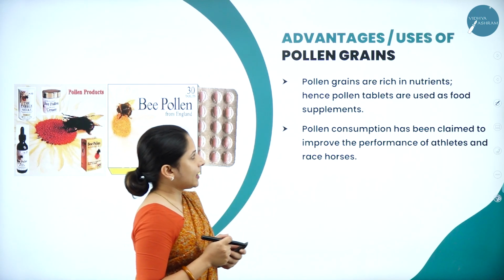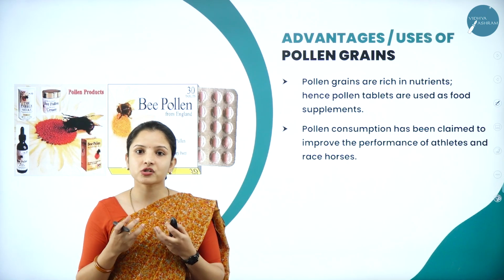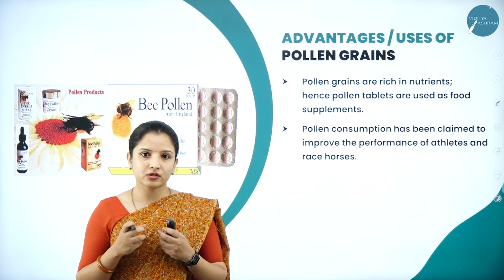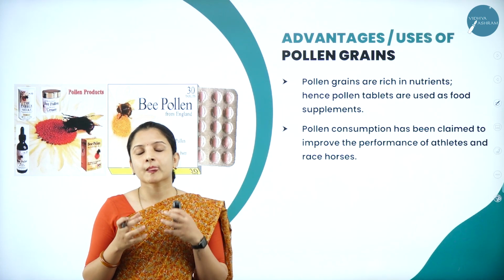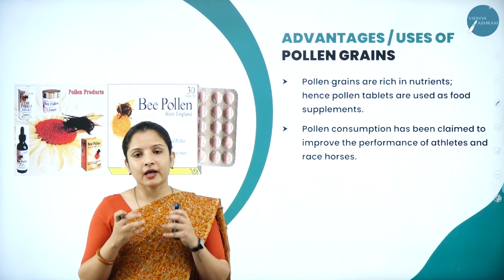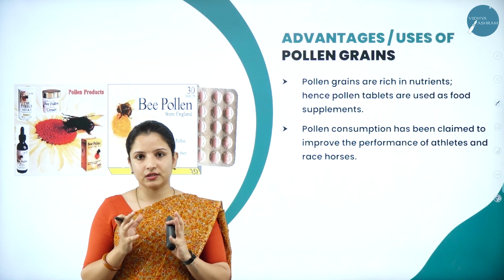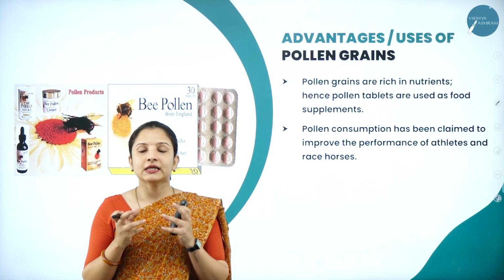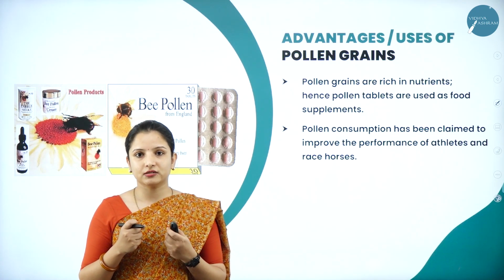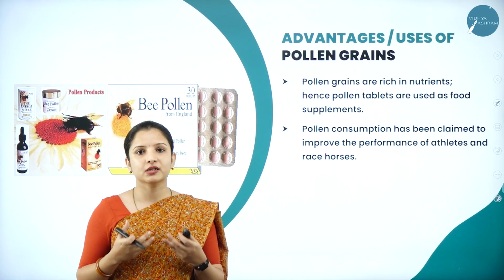So the pollen grains, I told you, are rich in nutrients. Why are they rich in nutrients? Because they have a sucrose source in them, and also the vegetative cell of the pollen grain is filled with food materials, different sorts of enzymes, sugars and all that.